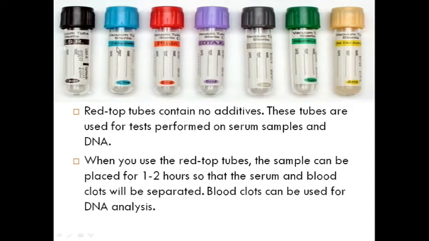Second one is the light blue top. It contains sodium citrate and is mainly for coagulation study. Then the plain vial. It contains no anticoagulant, and via the plain vial we get the serum.